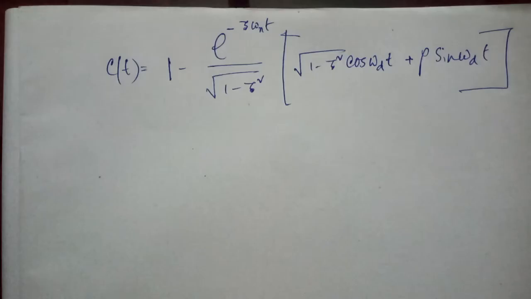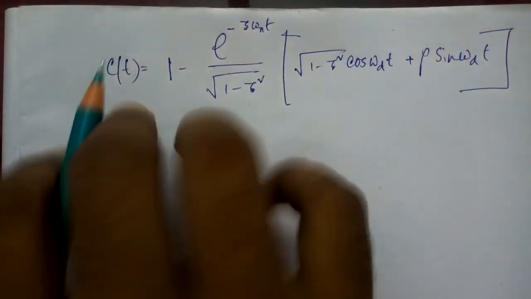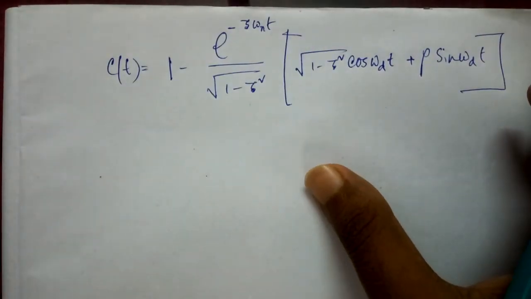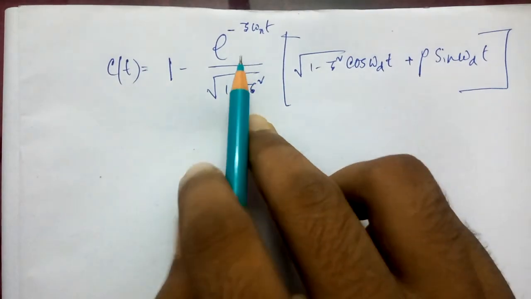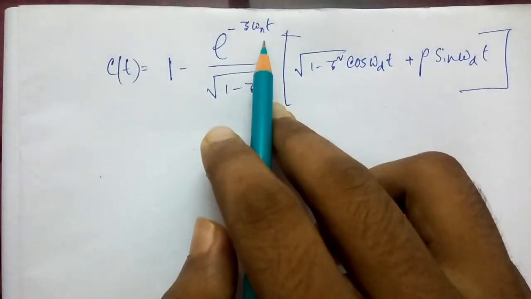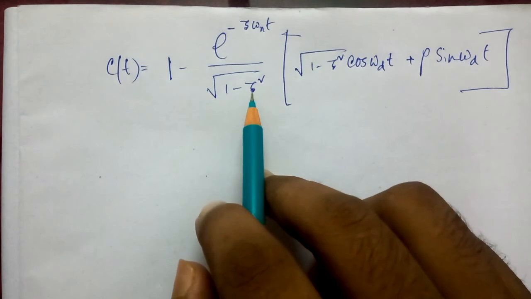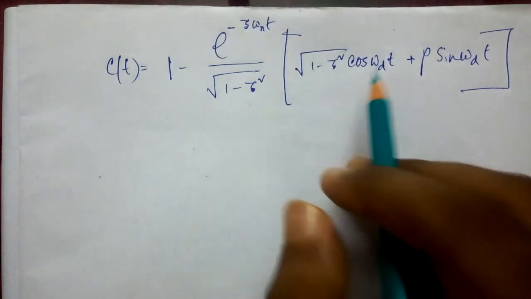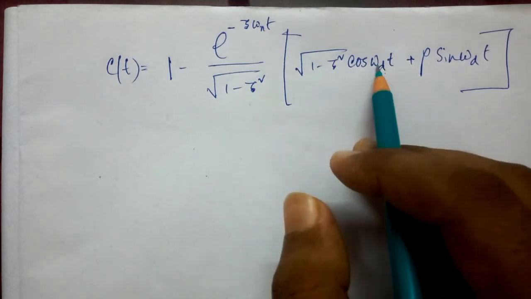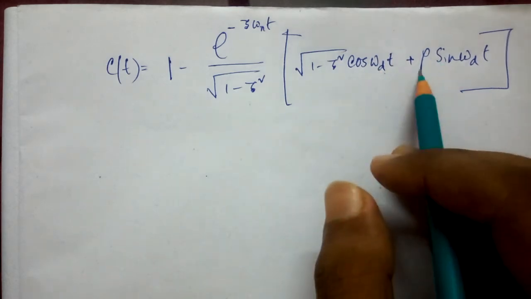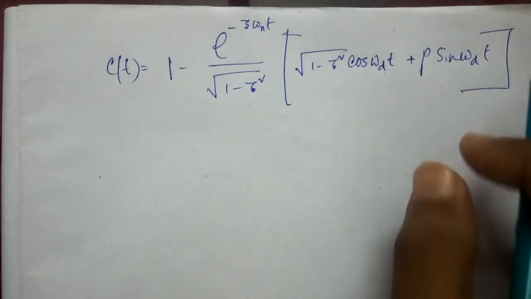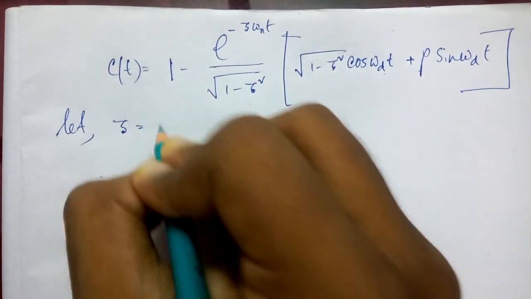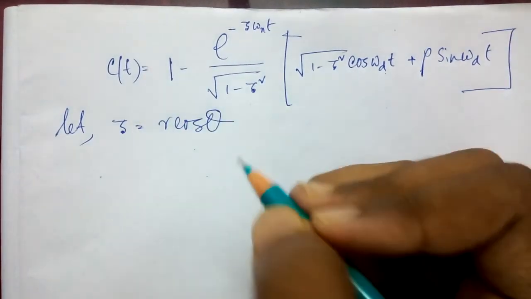After partial fraction, you can find this equation, which is actually the C(t): 1 minus e to the power minus zeta omega n t, by root over 1 minus zeta square, bracket, root over 1 minus zeta square cos omega d t, where omega d is the damped natural frequency, plus zeta sin omega d t. Now let zeta be equal to r cos theta.